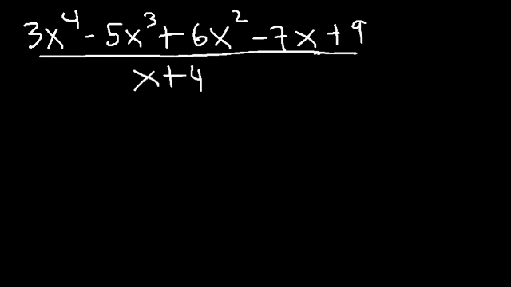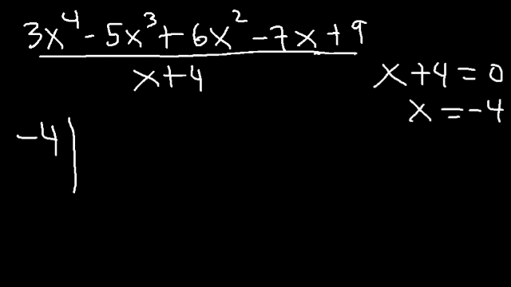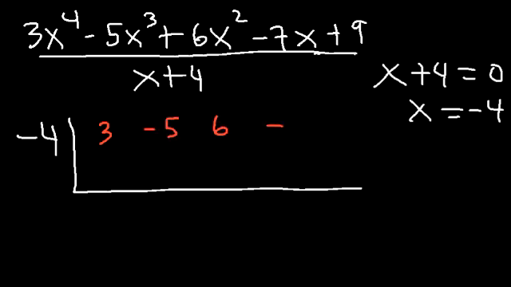Let's set x plus 4 equal to 0. So x is negative 4. And let's write the coefficients on the board. So it's going to be 3, negative 5, 6, negative 7, and 9.